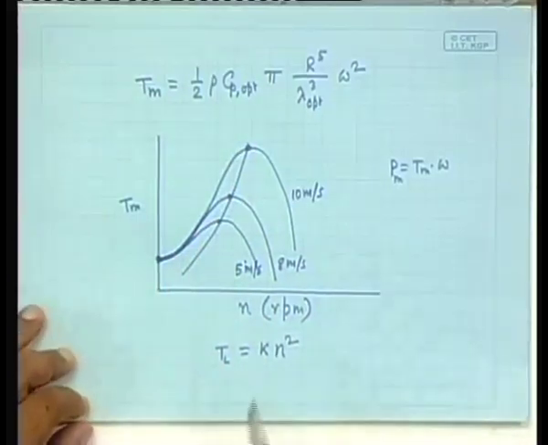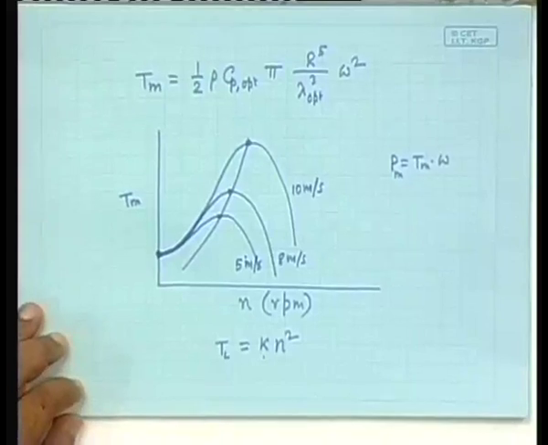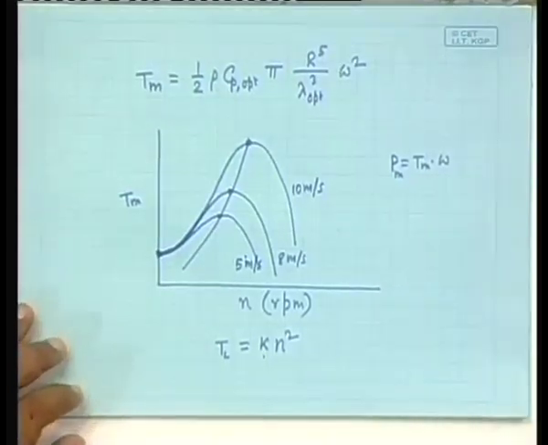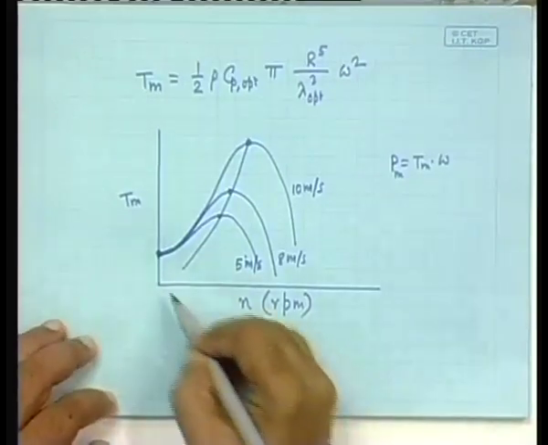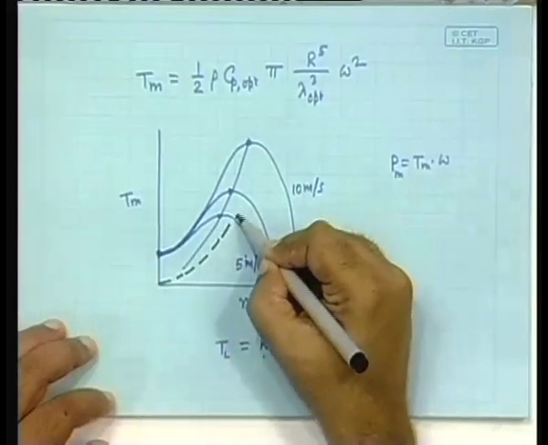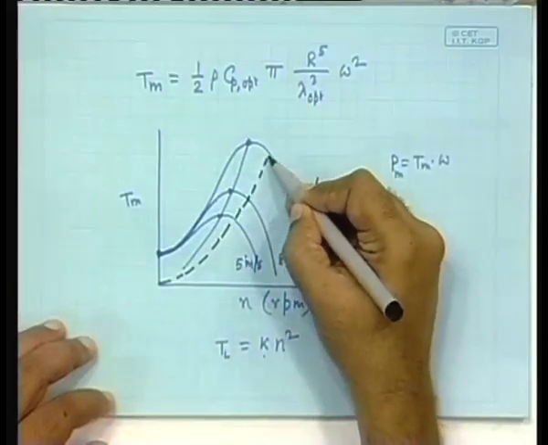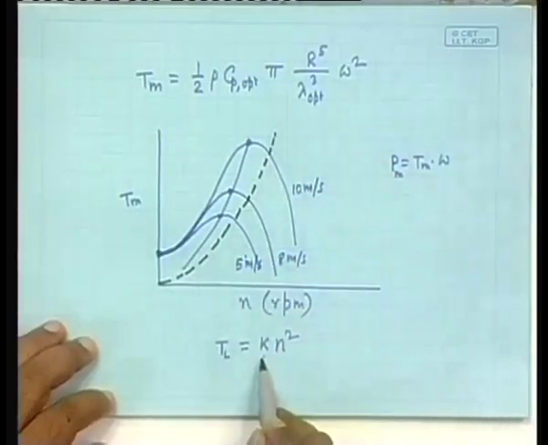But notice what happens if you wrongly choose k, the constant of proportionality. See, I will draw in a different color. This characteristic will be something like this, and this will depend on the k.